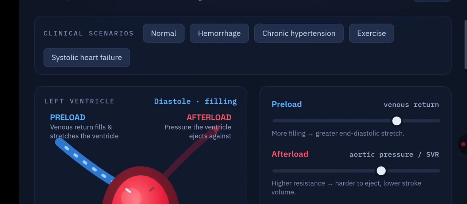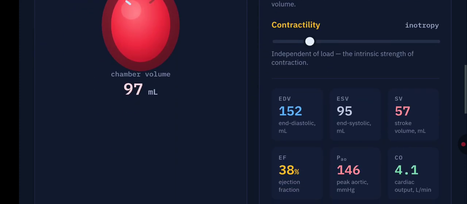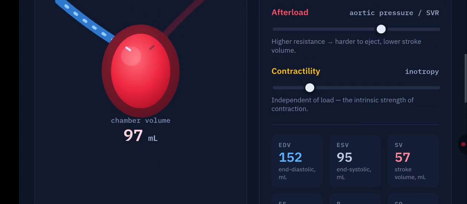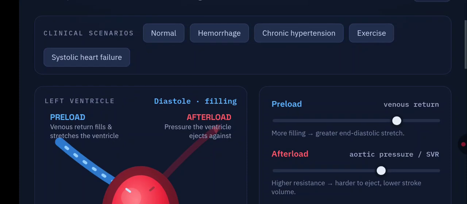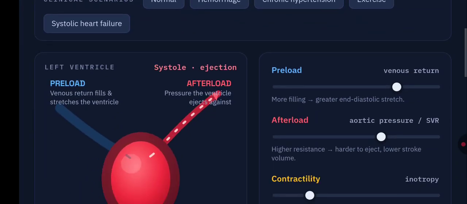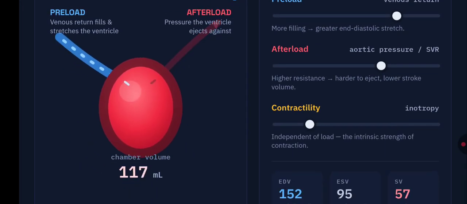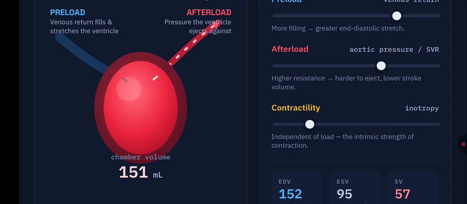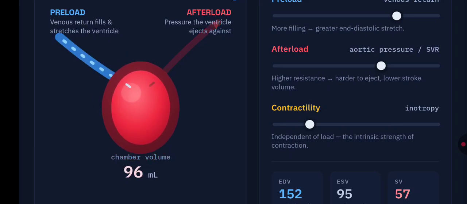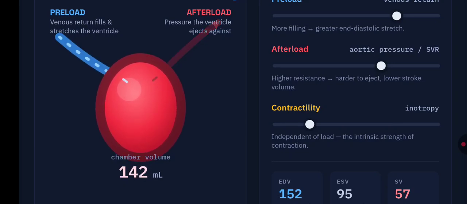In heart failure, the first tool or parameter I need to check is the ejection fraction. You will find here 38%, which means the amount of blood ejected is low. If we play it, you will find here in heart failure, see, the heart does not contract completely because there is blood congestion inside the heart.